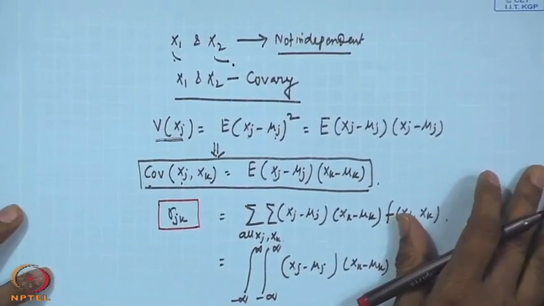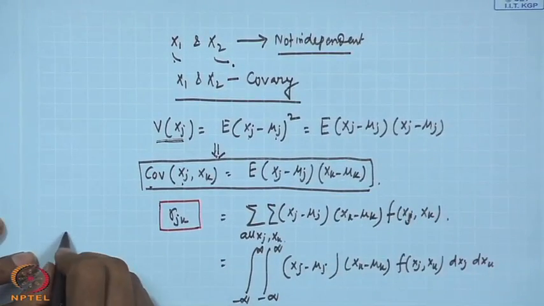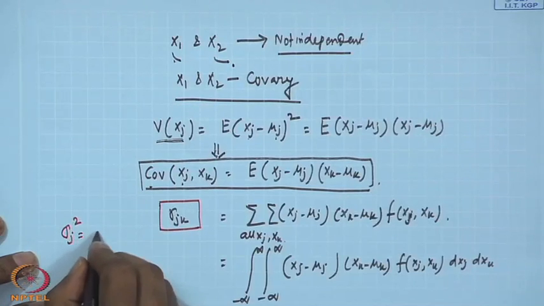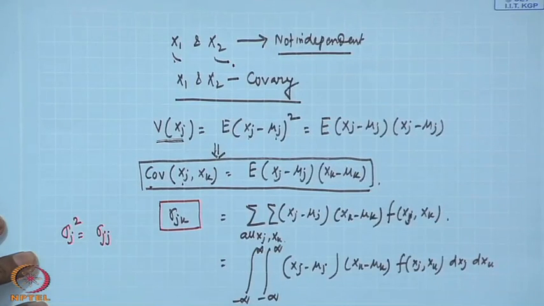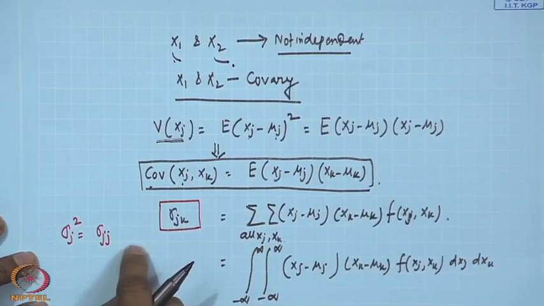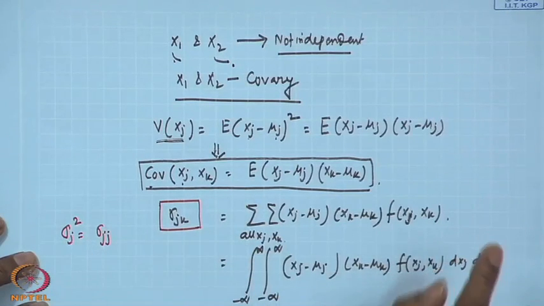Be careful about the notation: sigma j square equals sigma jj. Later on, if I write sigma 1, it is sigma 1 square, the variance component.